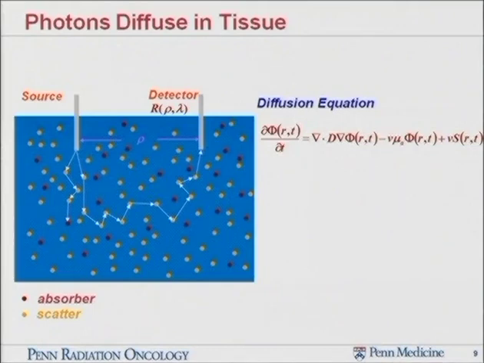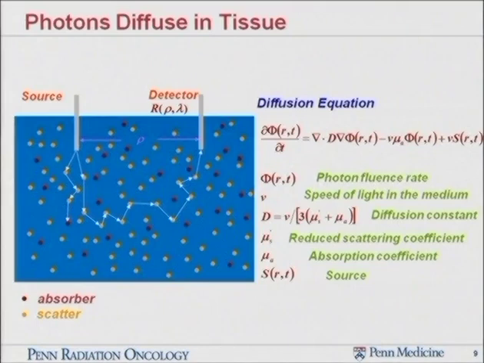A diffusion equation can describe all this. It's an approximation of the photon transport equation. And that allows one to determine the absorption coefficient mu A and the diffusion coefficient, which is related to the reduced scattering coefficient. So these are the quantities one can determine.